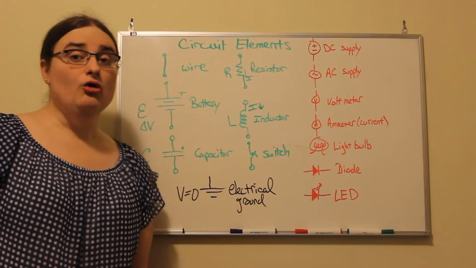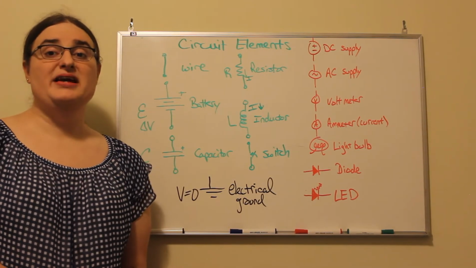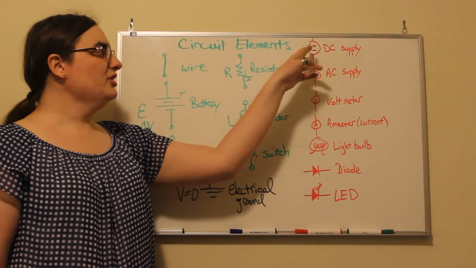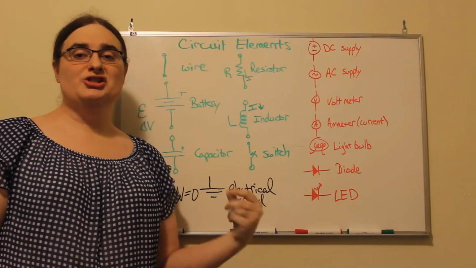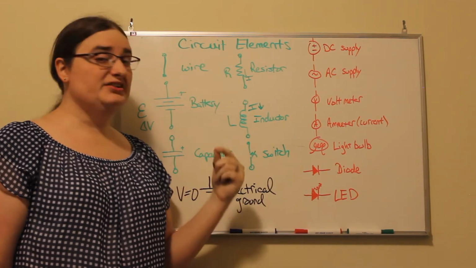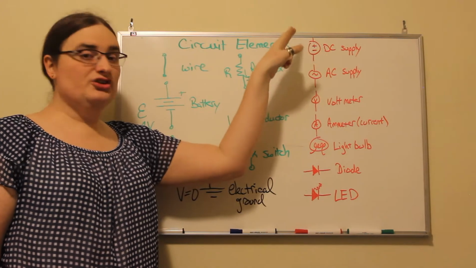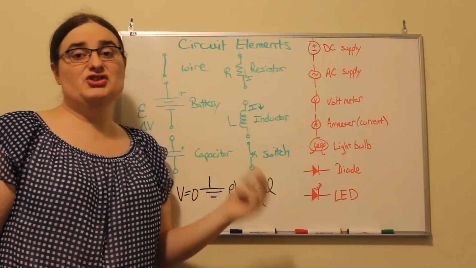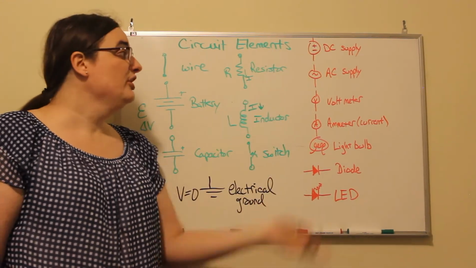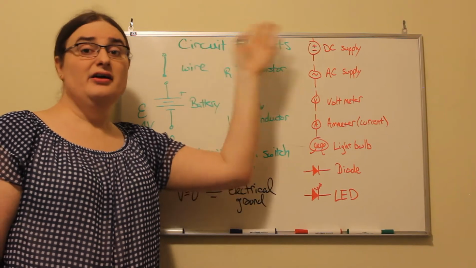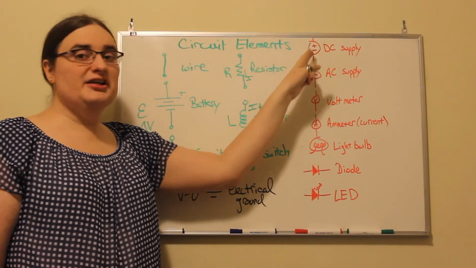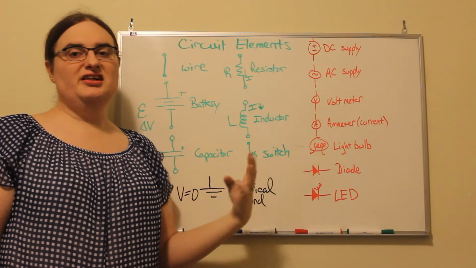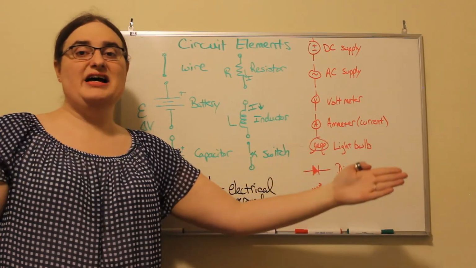Now, there are a whole bunch of non-standard elements that you may see folks use. If you're talking about just a generic power supply or piece of equipment, it's common to circle something and put something in the circle to denote what it is. For a DC power supply, I've most commonly seen a plus and minus in the circle to signify that there's a positive side and a negative side.